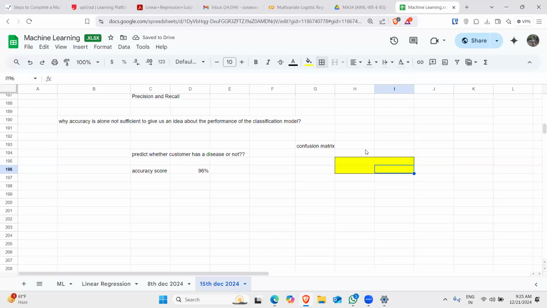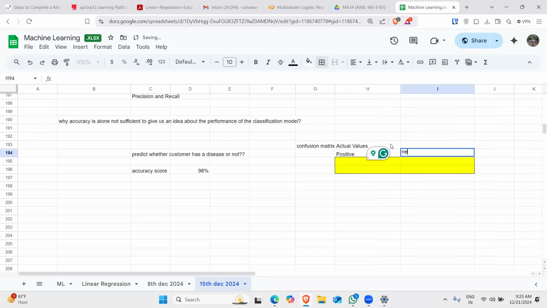In that, the top represents the actual values. These are the positive, these are the negative. And this represents the predicted values.